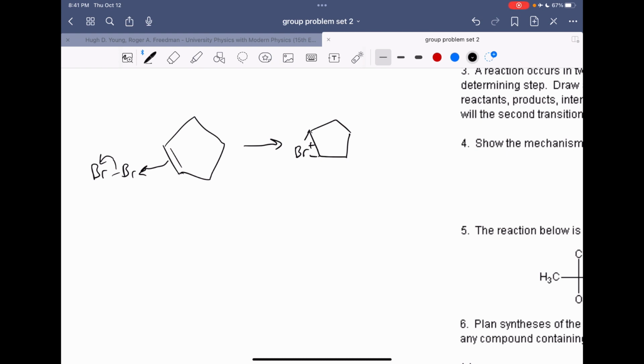So that's where this other bromine, the one that got torn off, this negative bromine, its electrons attack this carbon right there, and then the electrons in this bond go to this other carbon, and then you are left with this bromine on either side of where the double bond used to be.